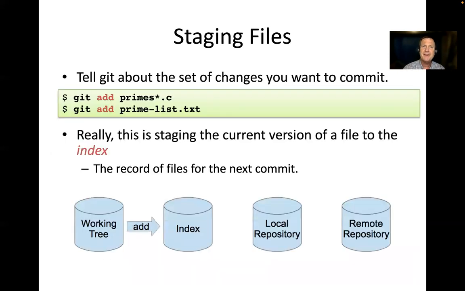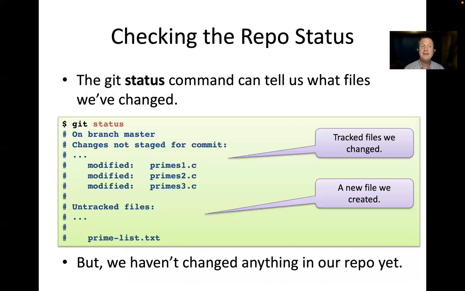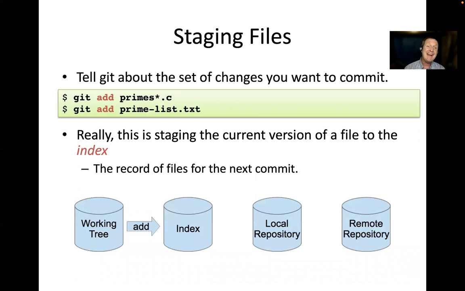Backing up a little bit, just going through what we did in class, we looked at what had been modified. We added our changed files to the repo. And what this really does, or the right way to say this, is it stages them for the next commit. It puts those versions of those files in what's called the index.